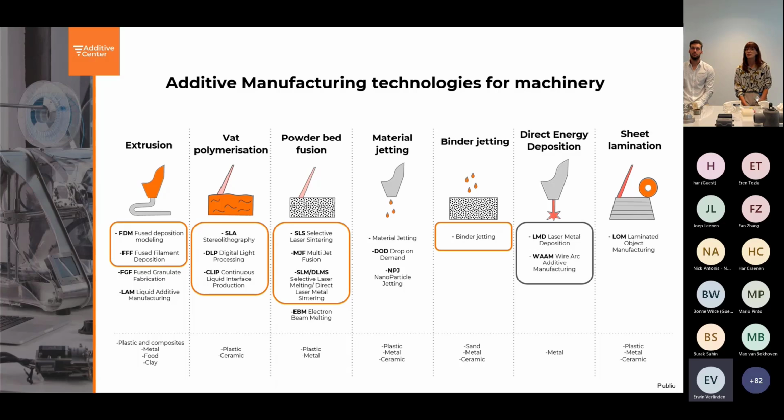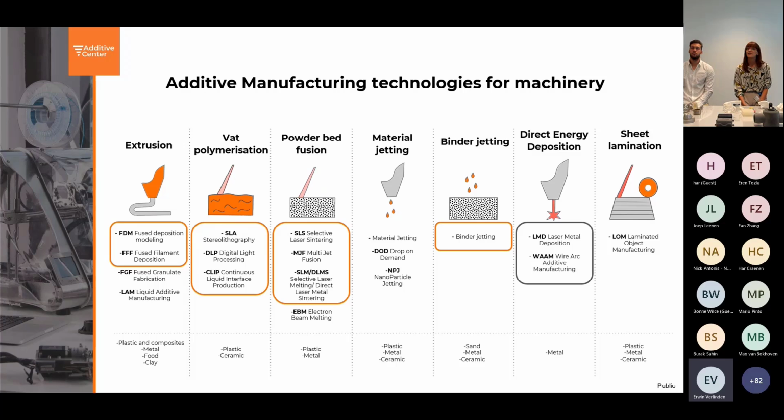Then VAT polymerization is also used in additive manufacturing for machinery sometimes. There are the technologies stereolithography, digital light processing, and continuous liquid interface production. I'll show you later on a video of how this works. This is just an introduction. Powder bed fusion are processes that are based on powder, and here there are different technologies for plastics and for metals.